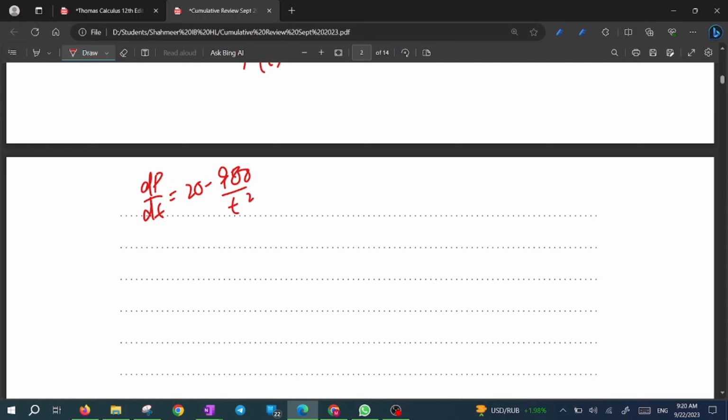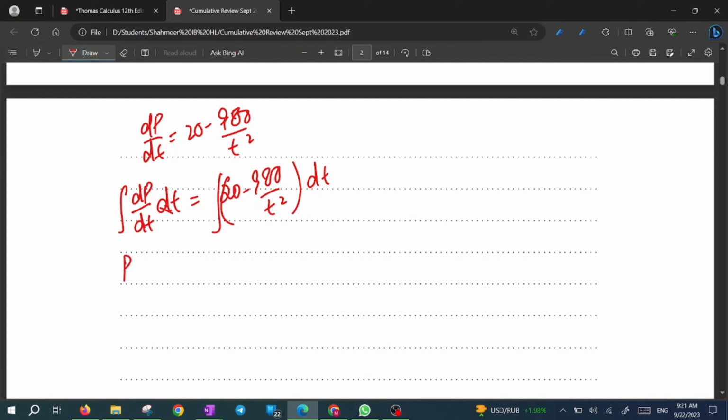Integrate both sides with respect to t, and we get P(t) = 20t + 980/t.